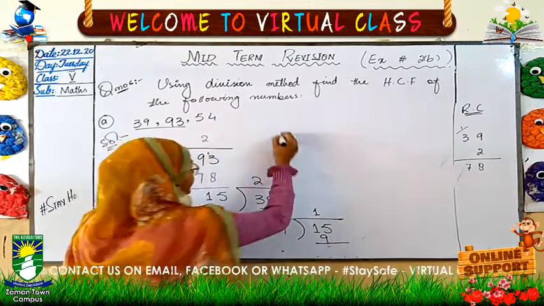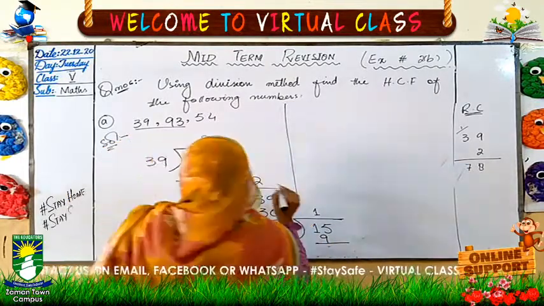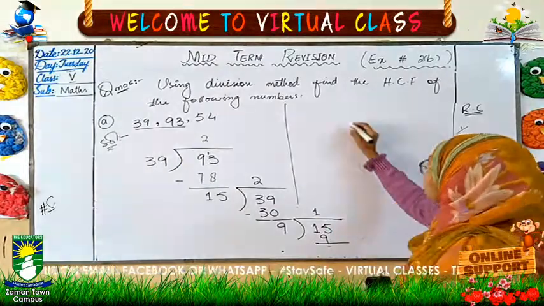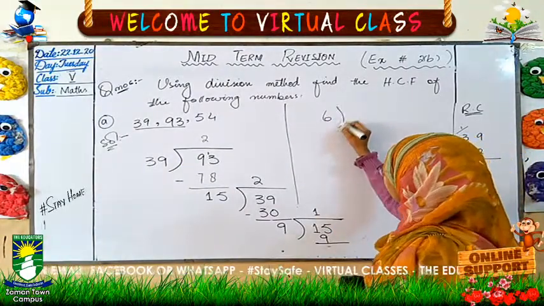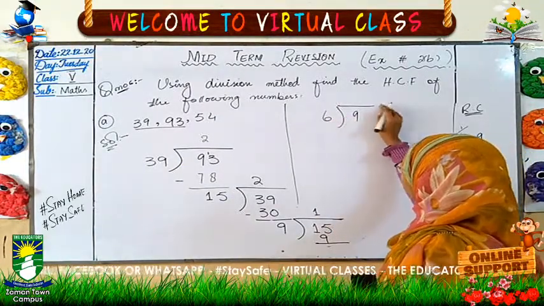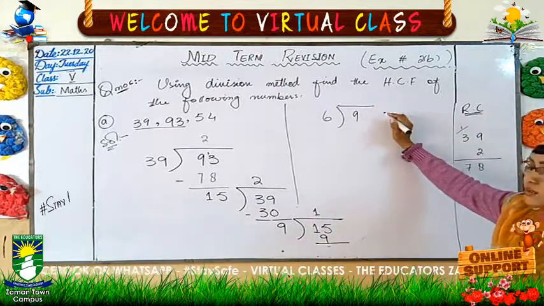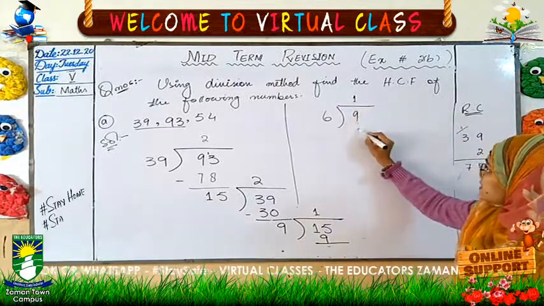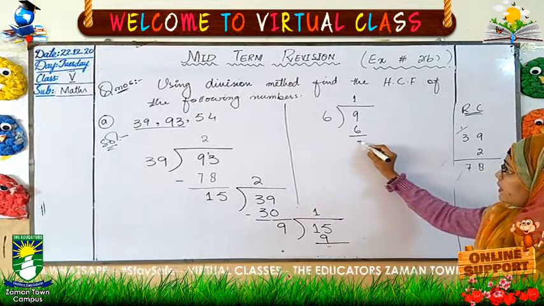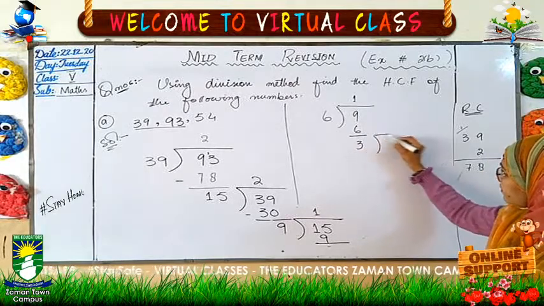We can solve it here. And then we will shift 9 here. What we will do now? 6 ones are 6. 9 minus 6 will be equals to 3 and then we will shift it again.